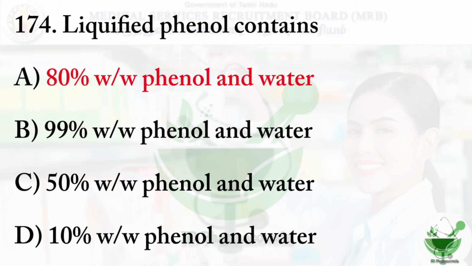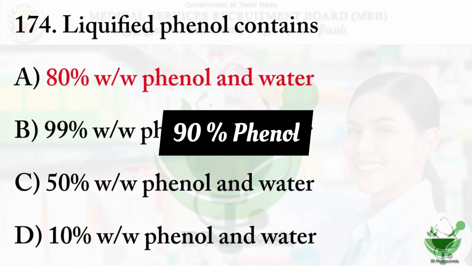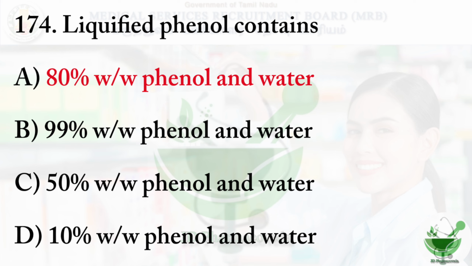Actually, in this question also, the right option is not given, because liquefied phenol means the solution with 10% water. So it must have 90% of phenol. So the right option for this question is 90% phenol and 10% water. So just know about that.